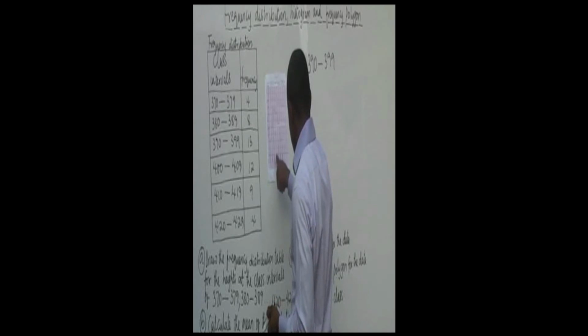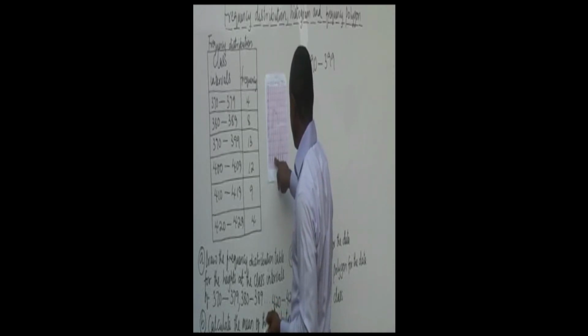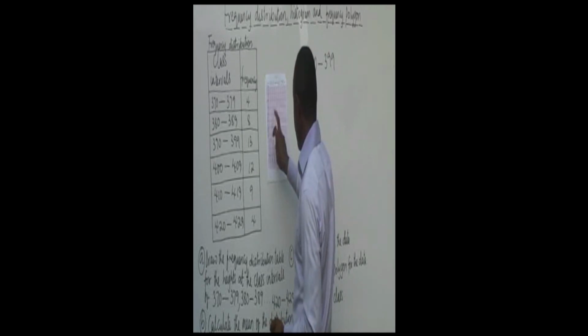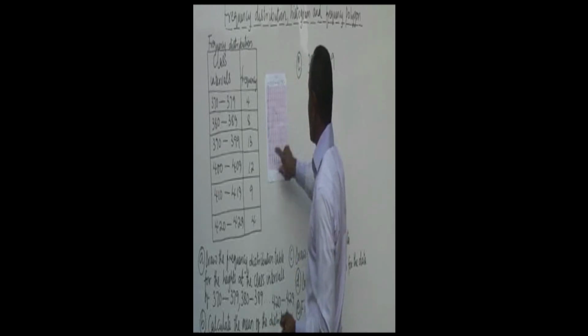If you come to the graph paper, it is going to give you 385.5 to 395.5. That is the modal class, the class with the highest frequency.